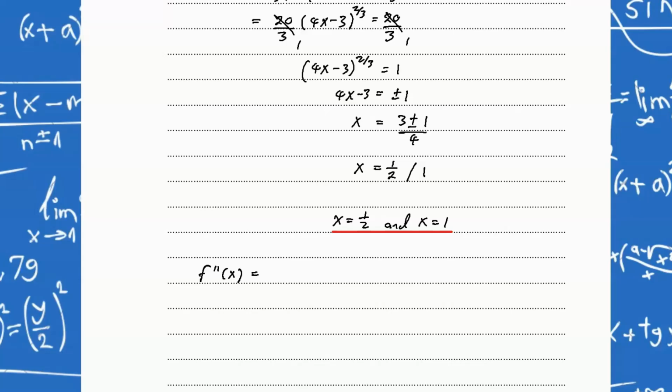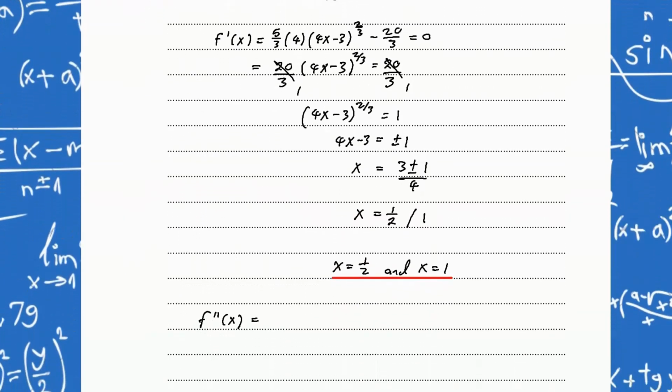Right, the first derivative, we had obtained it as this, 20 over 3 of 4x minus 3 to the 2/3. So we still have the 20 over 3. We'll bring down the 2/3. Then the derivative of 4x minus 3, which is 4. Then the 4x minus 3, and 2/3 minus 1 is minus a third.